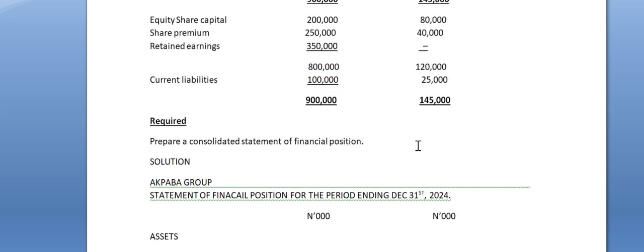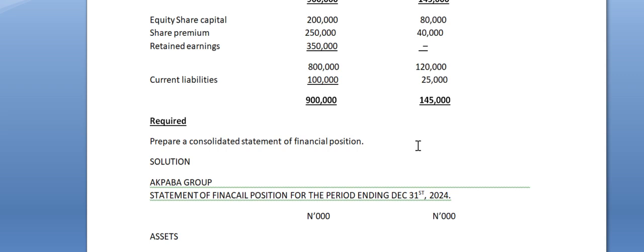Thank you. So now, like I said, the first thing is, you open the skeleton once you see a question like this. How do you open the skeleton? Look at it. Akpaba Group, statement of financial position for the period ending 31st December 2024. I wrote N'000, that is the rounding off denomination.